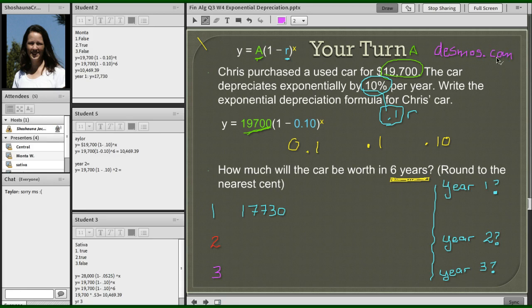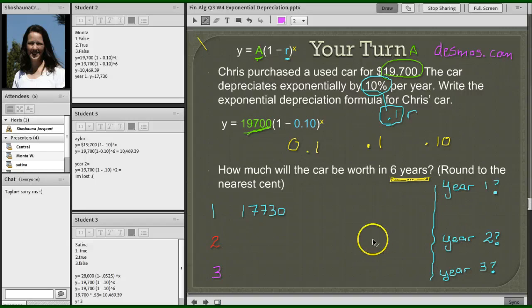It's really cool, and you can even download it to your phone. So what I'm going to do, Taylor, is, do you want me to show you how to do it on your iPhone? Would that work, Taylor?